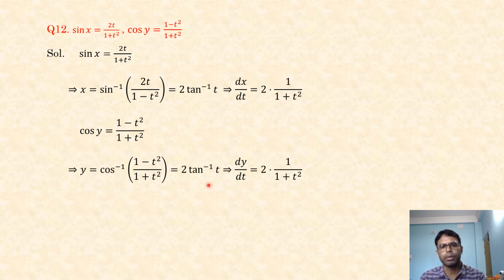So dy/dt is equal to 2 remaining same and tan inverse t derivative 1 by 1 plus t square. Just divide, the answer will be 1, because both are the same. So dy/dx is equal to dy/dt divided by dx/dt, and this part divided by this part is equal to 1. So that will be the answer for the question.